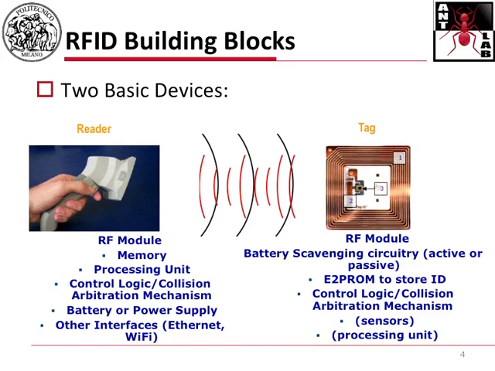The first one is the tag, on the right hand side there. The tag is an electronic circuit which has some kind of radio frequency module or transceiver. It may also contain some additional components, some of which we already found in active sensors. For example, we might have some local memory, much more limited than the one in active sensor networks.